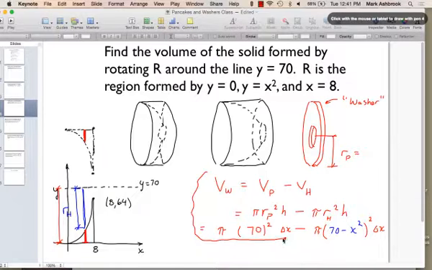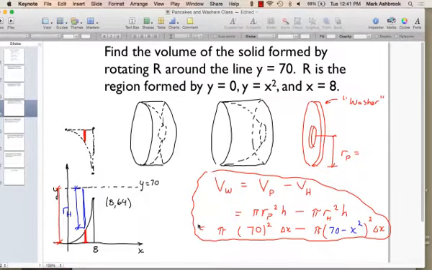there's our setup. We've got the volume of a typical washer. So total volume is the integral from? So where's the first washer? We've got delta x, so the first washer is at x equals 0, and the last washer at 8.